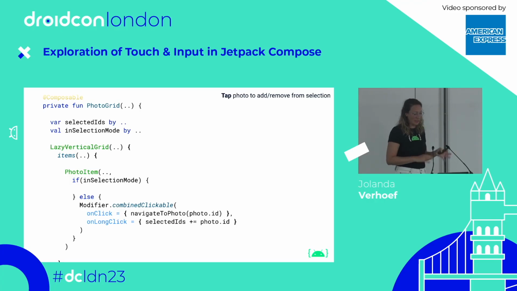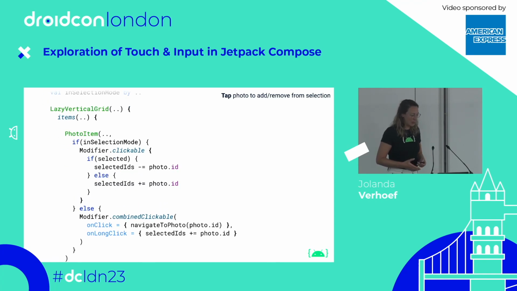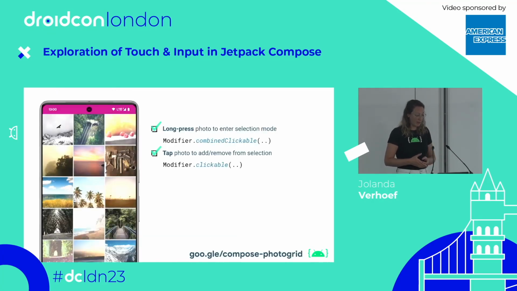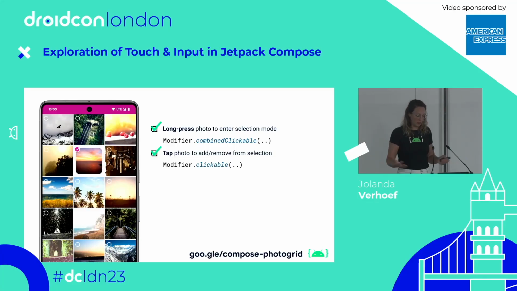If in selection mode is true, we want to listen to taps and add or remove the photo from our selection. So we add a clickable modifier, and we let it remove the photo ID, or add it to the set when it's currently unselected. With that, we have a second requirement solved. We can enter selection mode, and add or remove photos while in selection mode.